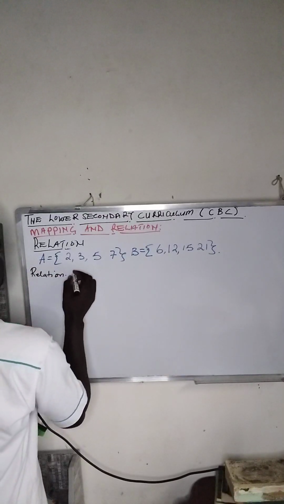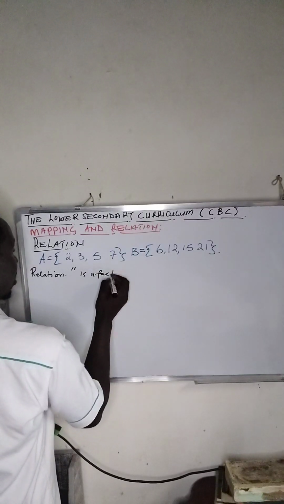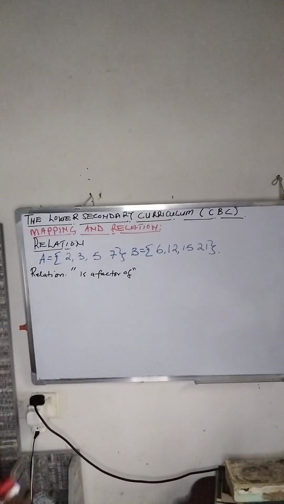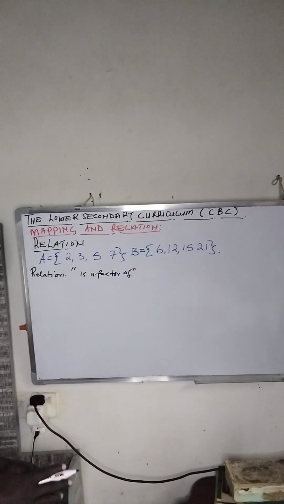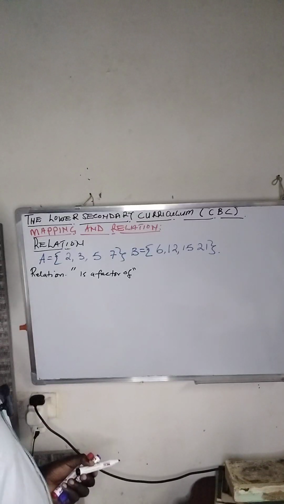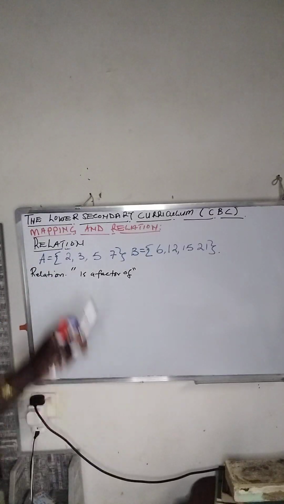Let us first begin with a relation that says is a factor of. Are you seeing that one? When you need to identify how these ones are related, we need just to come up and see how this A is related to B.